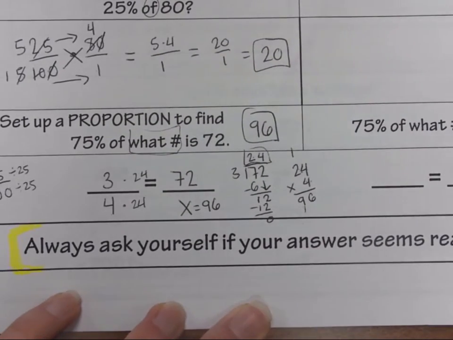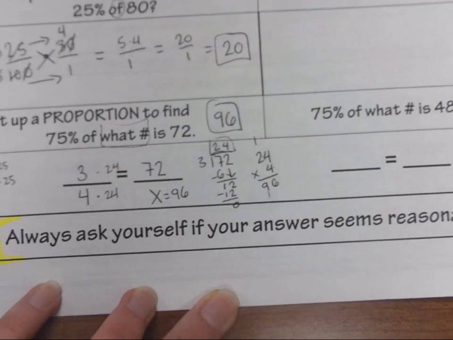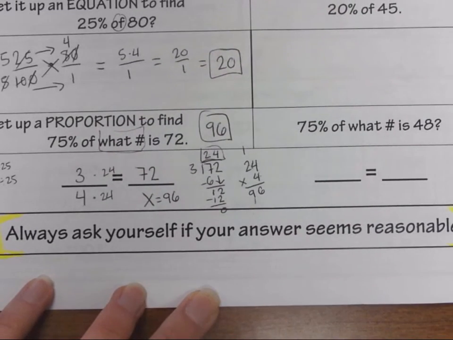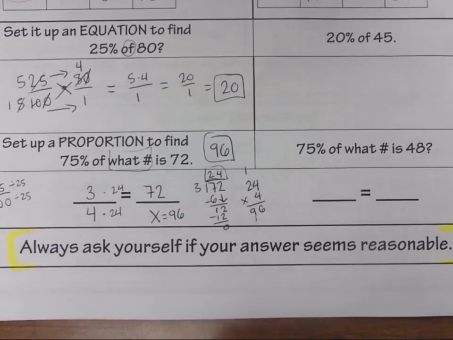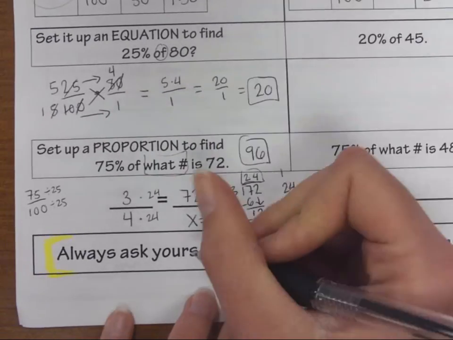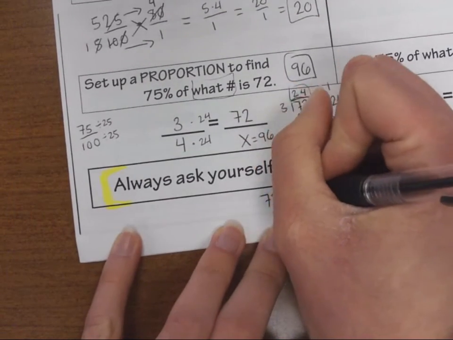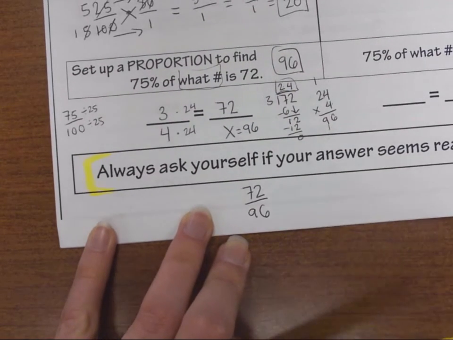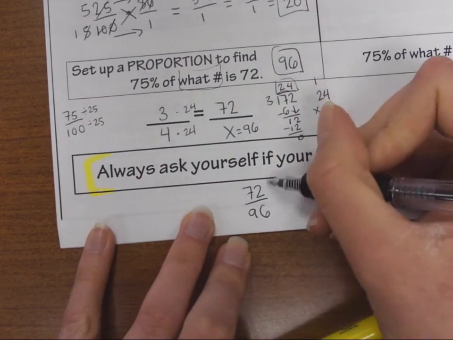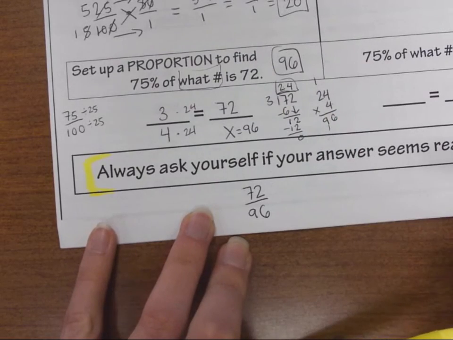At the college, my teachers always said, make sure you dummy check your numbers, okay? So dummy check means if you look at that, you have to see if it makes sense. So right here, 72, let me write this down here where you can see it nice and clean. 72 over 96, does that kind of make sense? That might simplify down to 3/4. It does.